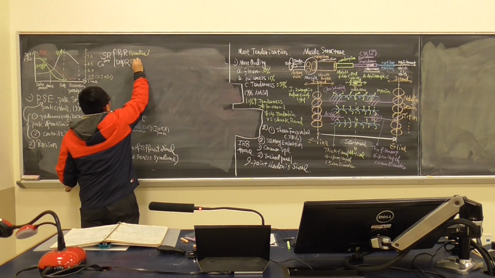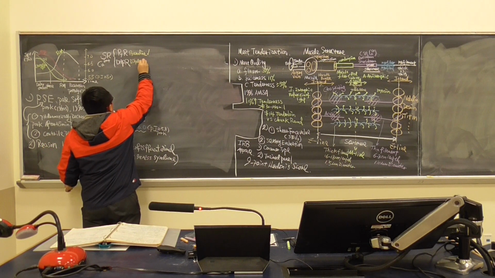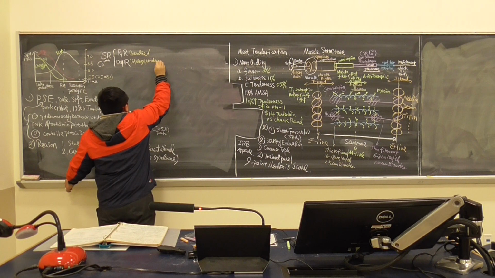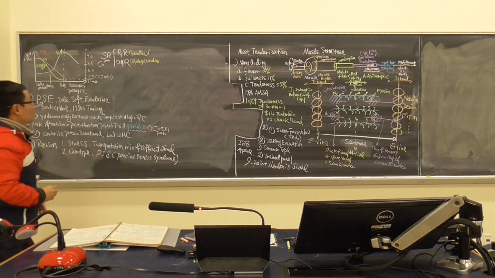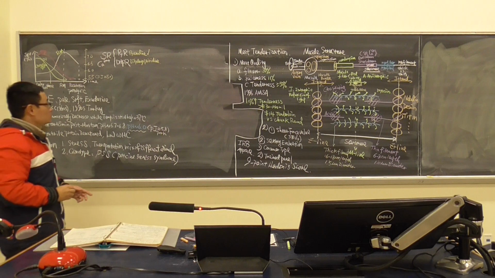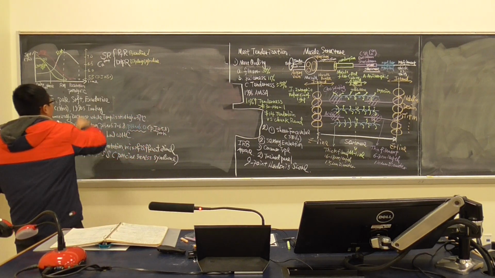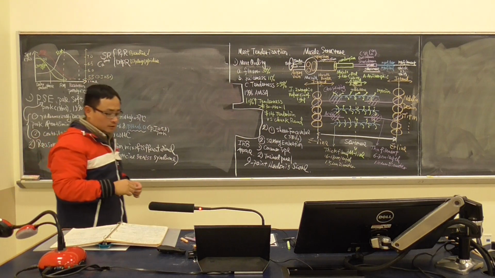DHPR is dihydropyridine receptor. This is not that important, but in certain species it is important. Okay, so RYR is important.